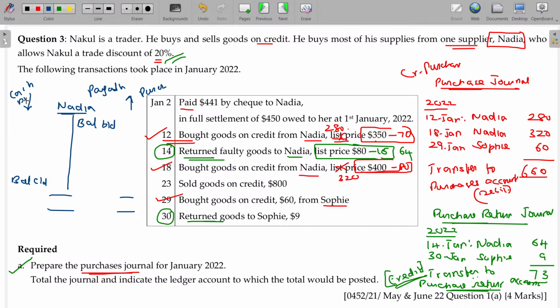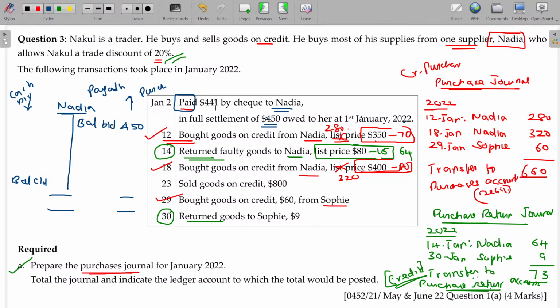Discount will be reducing. Now, paid 441 by cheque to Nadia in full settlement of 450 due on the 1st January. So on 1st January 2022, there is an owing of 450. What does it mean? In the beginning itself, we had to pay 450 rupees to Nadia. That is hidden information.